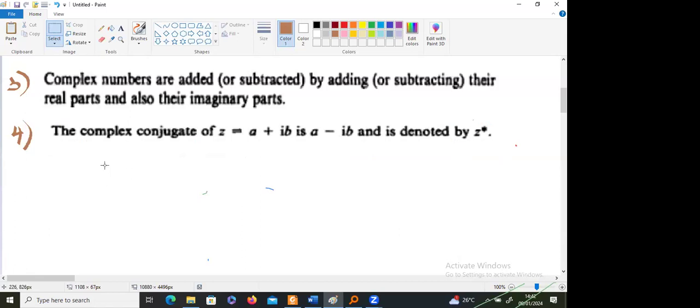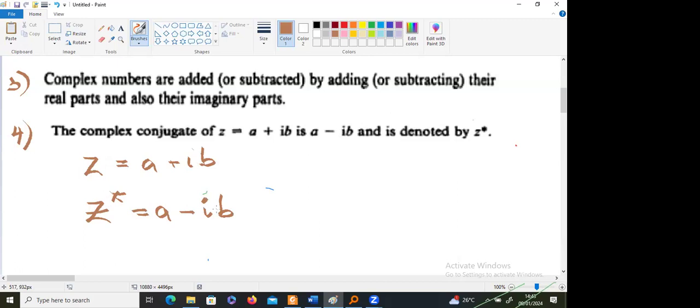So if my complex number is Z, like we have been using, and it is A plus IB, then the conjugate is denoted with that star, and it is A minus IB. So you simply change the sign.